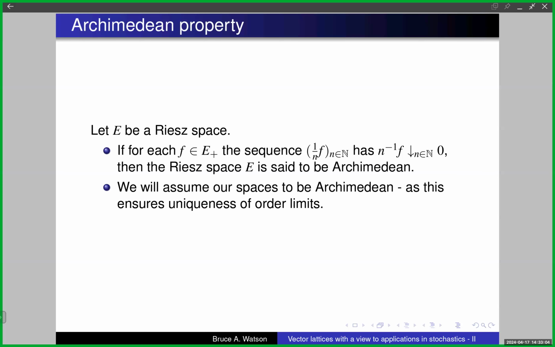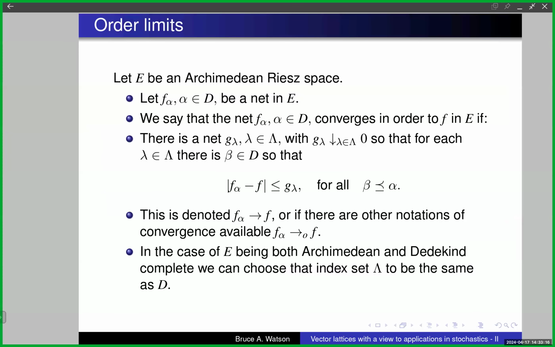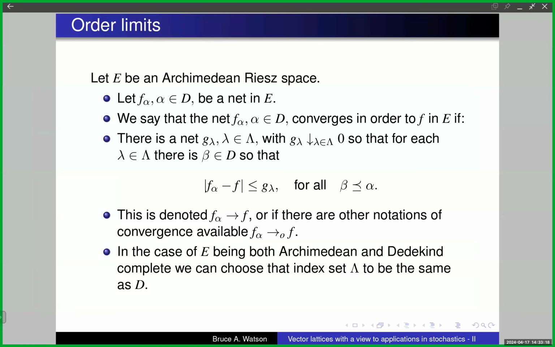And this turns out to be adequate to ensure that all limits, when we get there, that exist will be unique. If we don't have that, the limits will not be unique. Okay, so we now have the machinery required to talk about order limits in a respace.